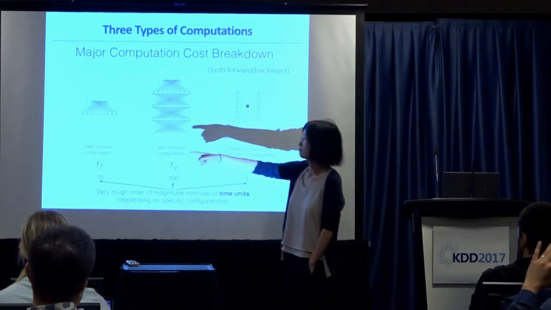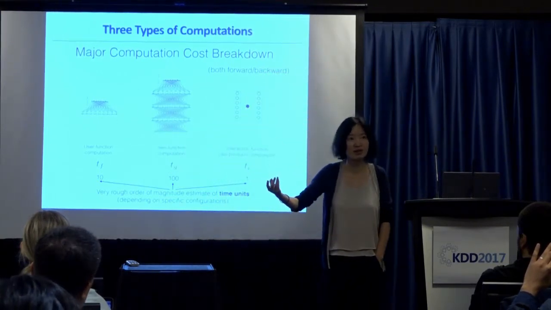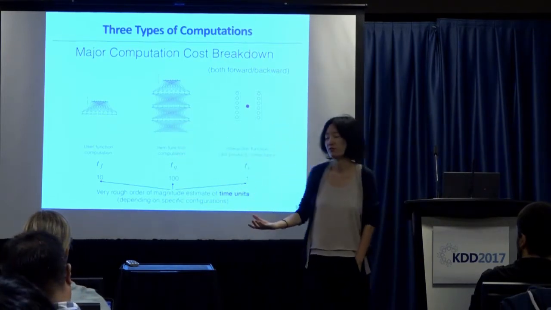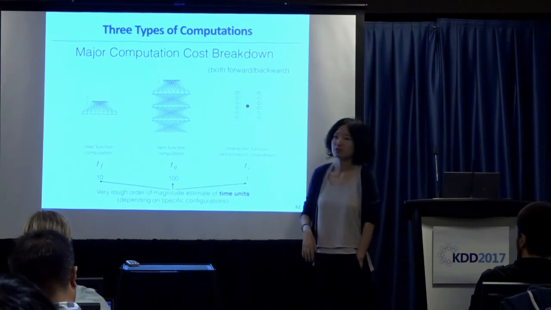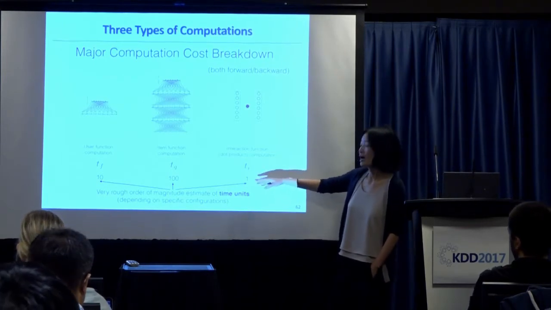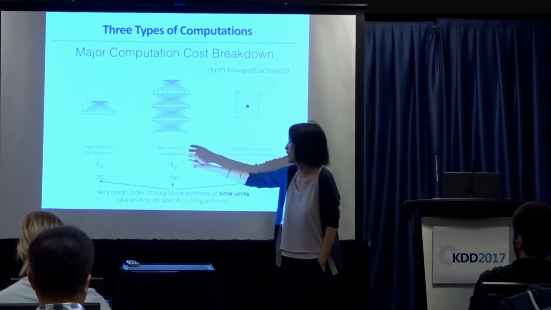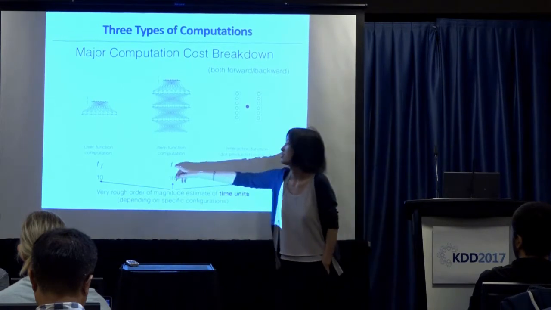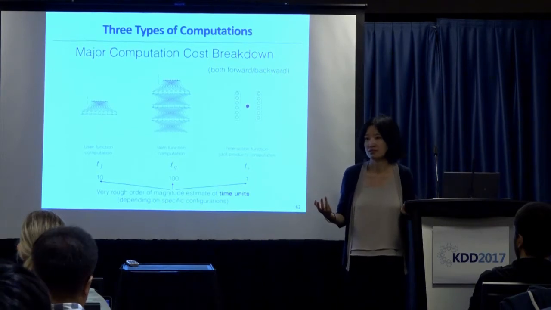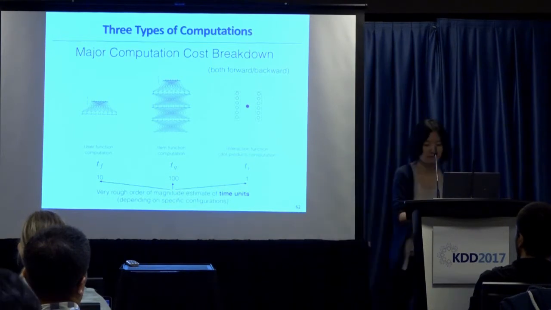The first part is the computation on the user side, because you need to compute f of u. We also need to do computation on the item side, like g of the content of the item, and also the dot product of the two. If you look at the time needed to compute each user, each item, and each dot product, we find that the most time-consuming one is computing the item side, because it contains content. We need to apply CNN and this kind of technique to it.